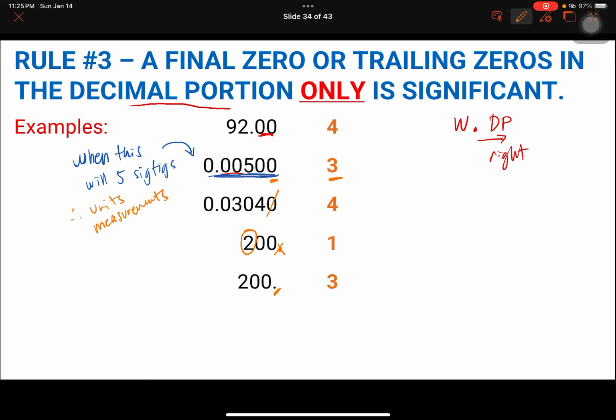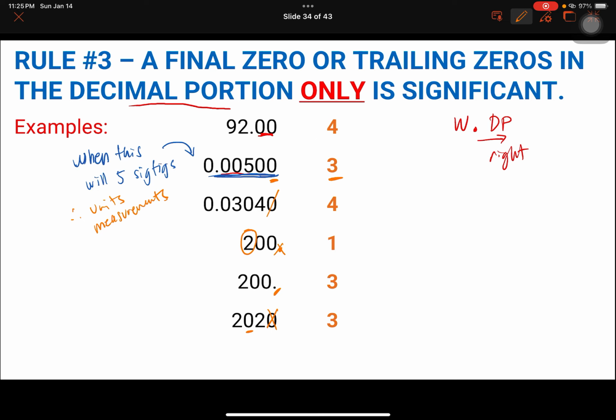So, magiging 3 significant figures. Ibig sabihin yan, pinapatunayan natin na hanggang dyan yung mahalagang yung measurements natin. Hanggang ones, okay? Next, what if 2020? In this part, ito naging significant, ever 0 is not. So, 3 significant figures ang 2020.